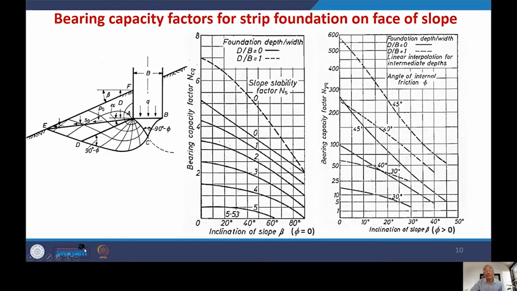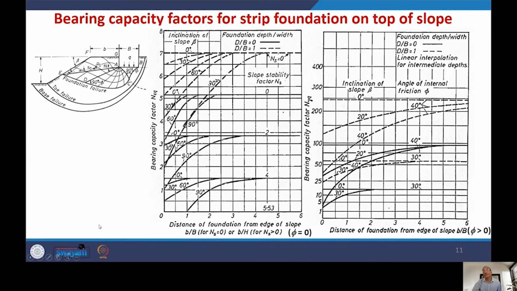Okay. Now, coming to the second case, when your footing is placed on the top of the slope at a set distance b. In the same way, the first chart is giving you the value of NCQ with the distance of the foundation from the edge of the slope, that means the value of b.